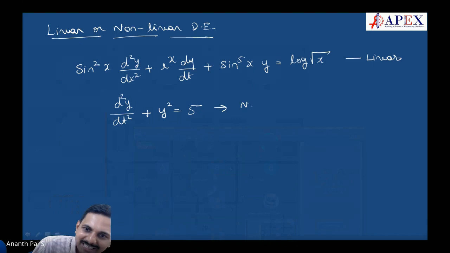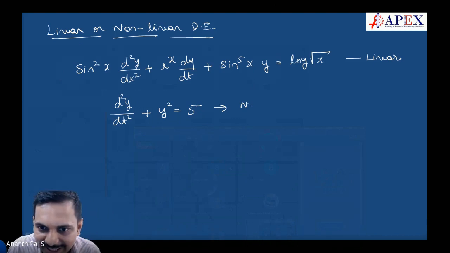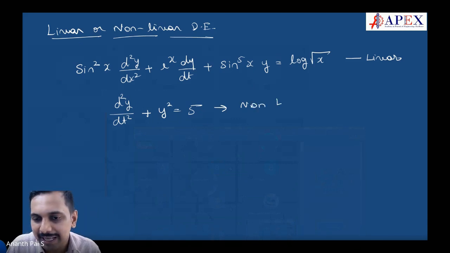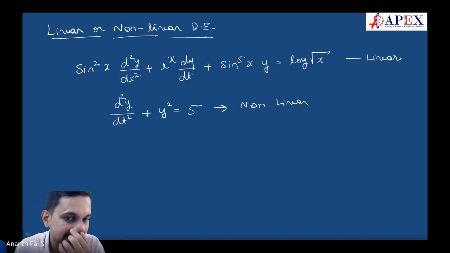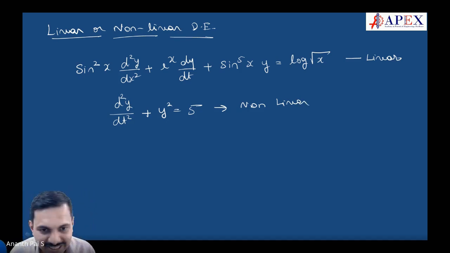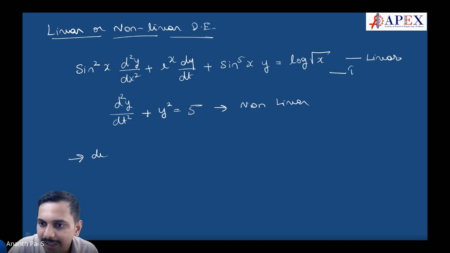Now, why did I say this simple one as non-linear, but this being very complicated, I say it is linear? What is the reason for that? See, in any equation there is a dependent variable and an independent variable.